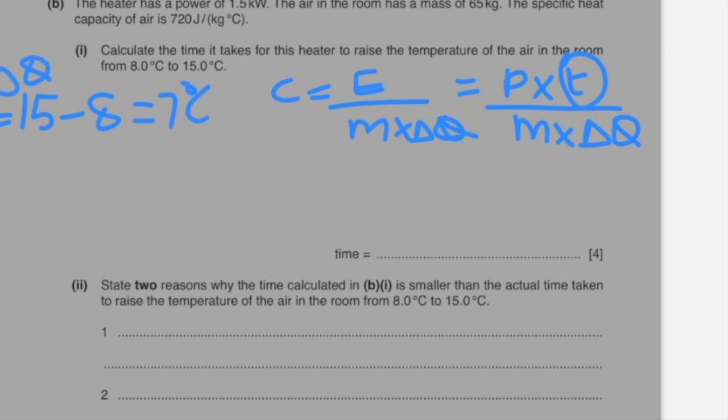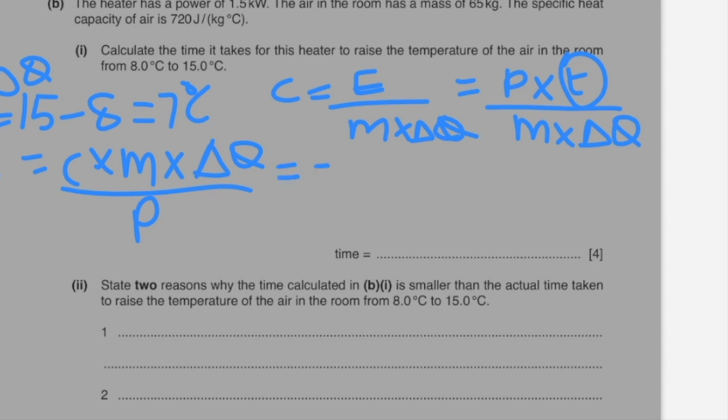Delta temperature. And then I'll substitute the rest of the values. The time here is going to be equal to specific heat capacity times mass times change in temperature divided by the power.